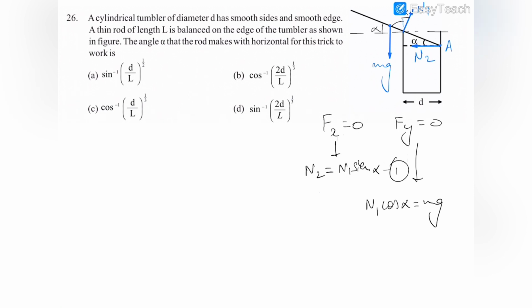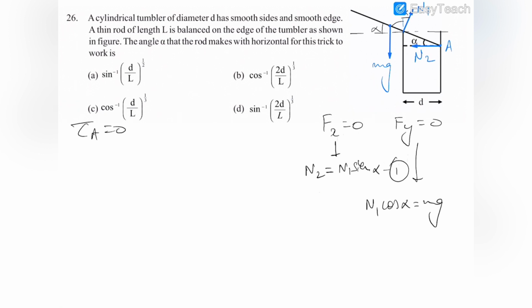Now we can find the torque about any point. So let us find the torque about this point A. The torque about A would be 0 because this rod is not rotating about any of the axes.